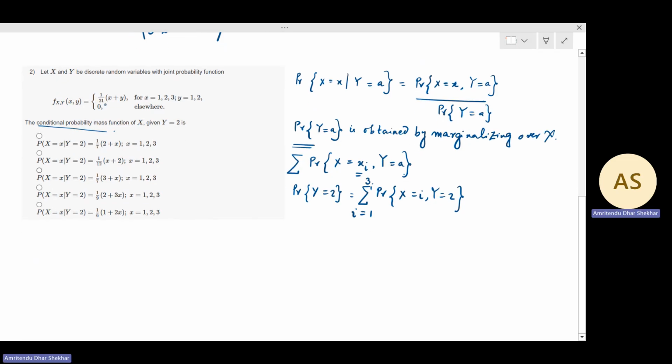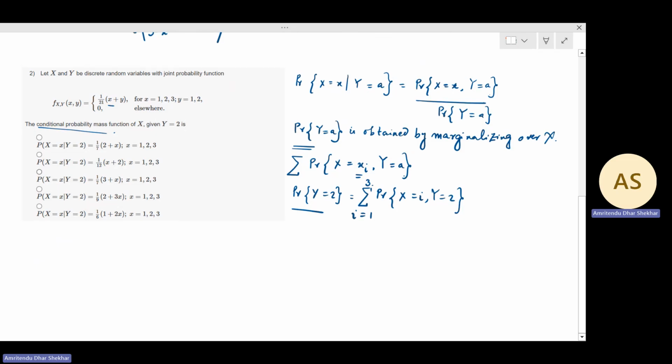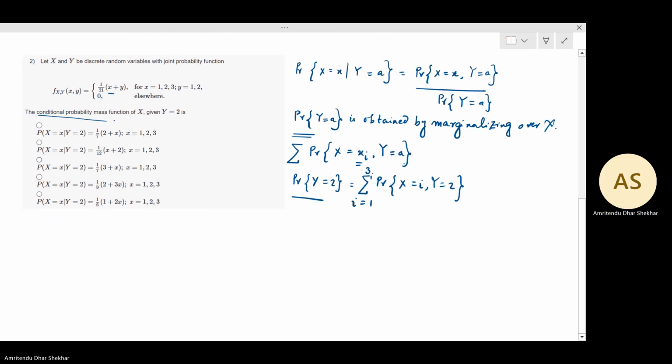Of course, using the joint distribution, we can compute this probability of Y being equal to 2. And then, using the definition of conditional probability, we can compute the conditional probability mass function.